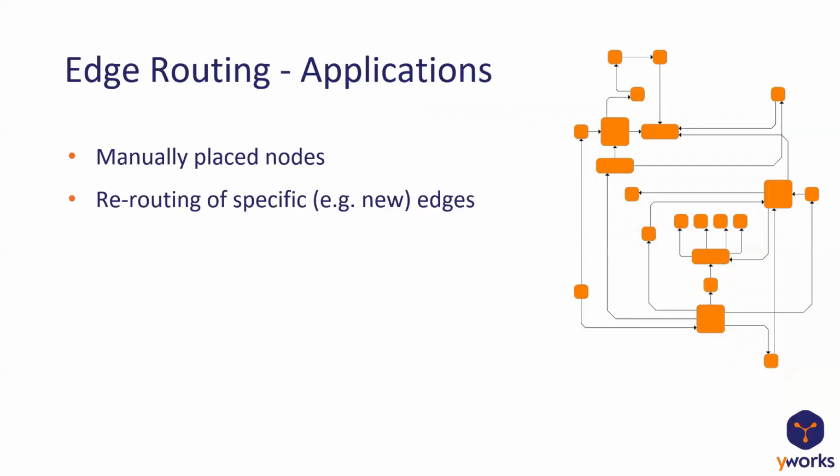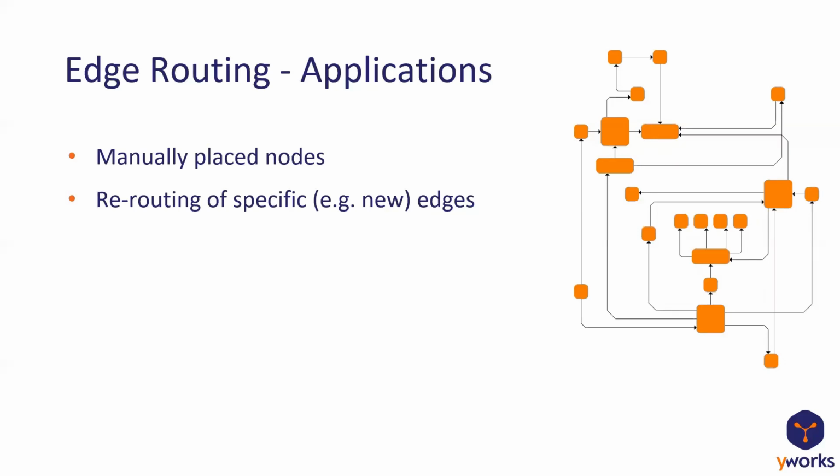What are applications for edge routing? In one application, maybe you have manually placed your nodes, or your users place their nodes somewhere, but then the edges need to get a route so that they are not going through the middle of other elements. So you can just route them with the routing algorithm without changing nodes.